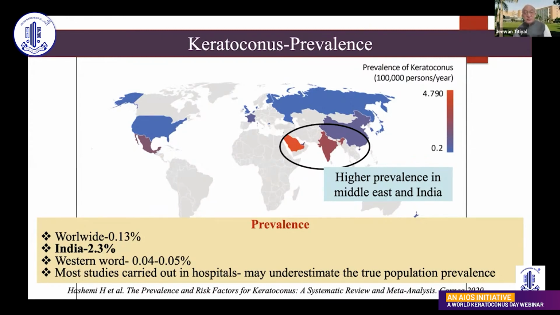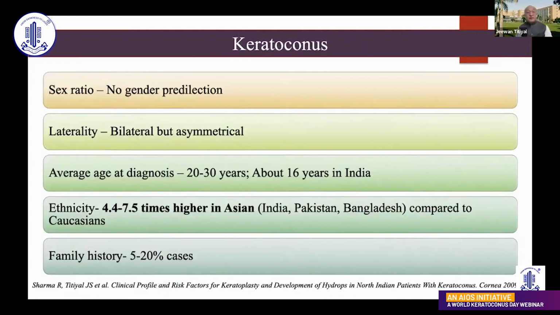With this diagram, we know there's a higher prevalence in a country like India or the Middle East. You can see China and other parts of the world have a lesser incidence or prevalence of this disease. In terms of gender, both females and males have an equal predilection. Sometimes you see more in one particular race, but there's not much of a difference sex-wise.